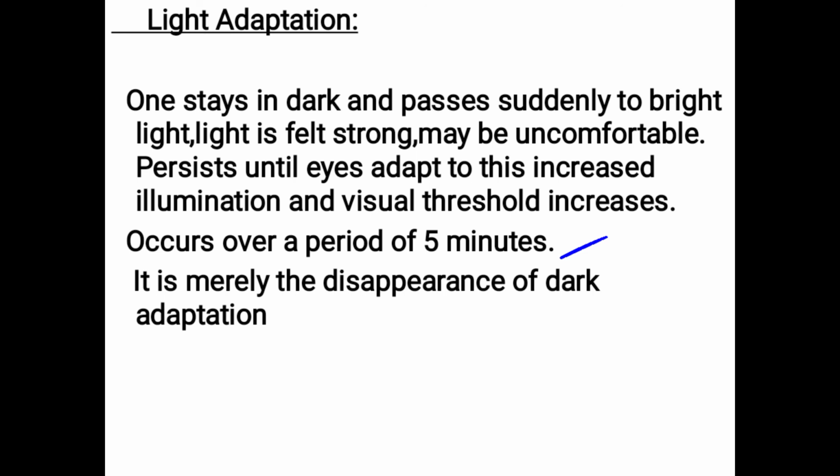In light adaptation, you are going from dark to a bright light area, so suddenly you feel uncomfortable because the brightness of the light is increasing. Illumination is increasing, so the visual threshold has to increase. It will take 5 minutes, and after that you can see properly.